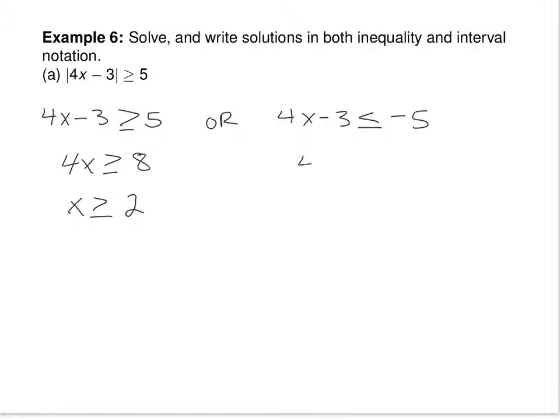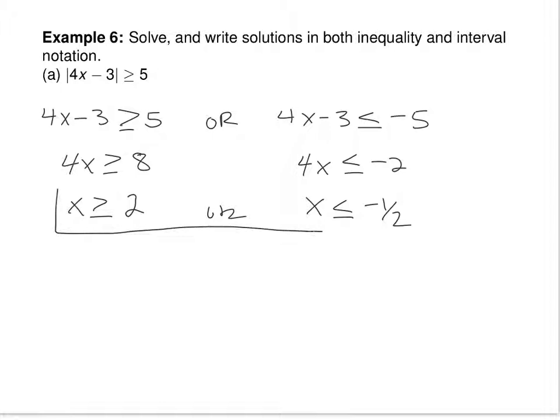Next one, we get 4x is less than or equal to -2. Then you divide by 4 and you get x is less than or equal to -1/2. Spectacular. So that's your inequality notation.